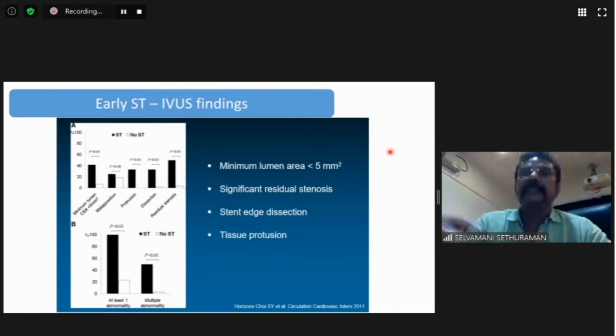And if there is significant residual stenosis, and if you leave stent edge dissections and huge tissue prolapse, these are some of the reasons why you get stent thrombosis. Then there are different studies which have gone through this. Most of the time, acute and subacute stent thrombosis is due to uncovered stent, and under expansion of the stent is a very important reason. And neoatherosclerosis.